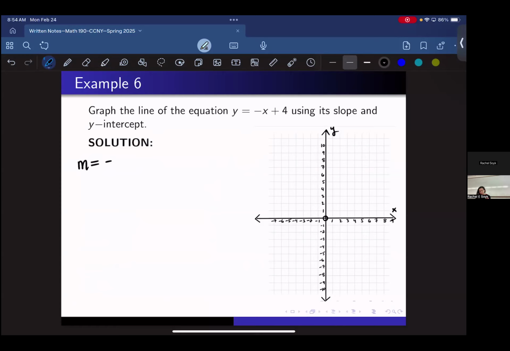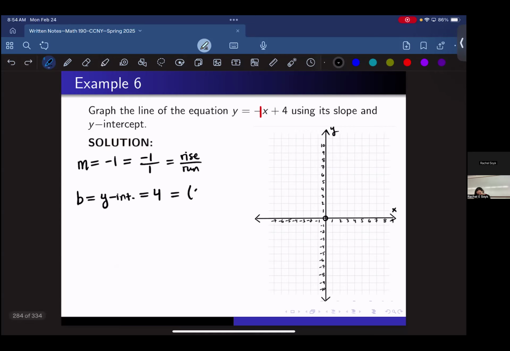Remember, slopes are only numbers. Yeah, so it's just -1. And -1 as a fraction is what? -1 over 1. Yep. This is our rise over our run. What's our y-intercept? Yep. As a coordinate?